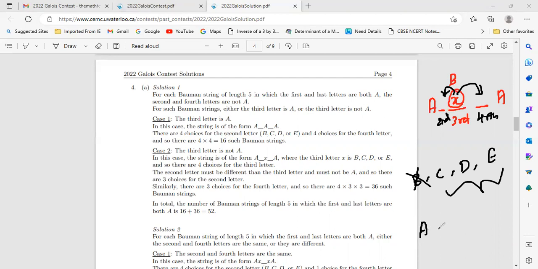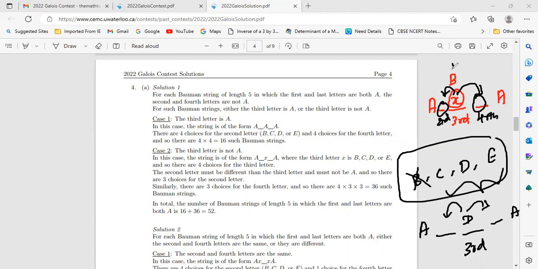So again, what if you choose D in the third position? Then you're not supposed to include D in the second position or the fourth position, right? So for the second position and fourth position, you're going to have only 3 choices, isn't it?